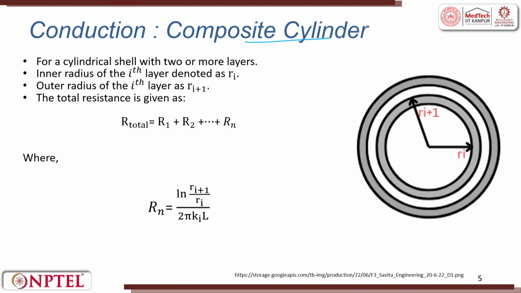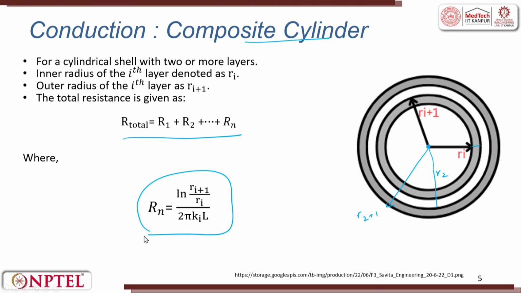We can also try to extrapolate for a composite cylinder. For a composite cylinder, you will have an inner radius R, and then the inner radius plus the thickness, which is Ri plus 1. Then we can go to R2, and this is R2 plus 1. So here the total resistance will be R1, R2, which goes on up to Rn, and Rn can be expressed in this form.